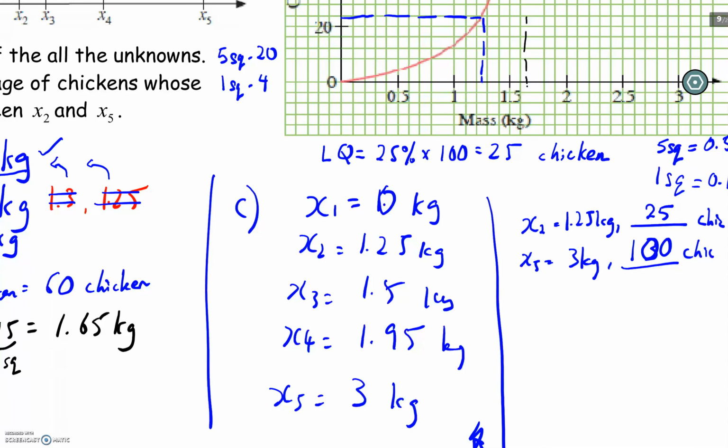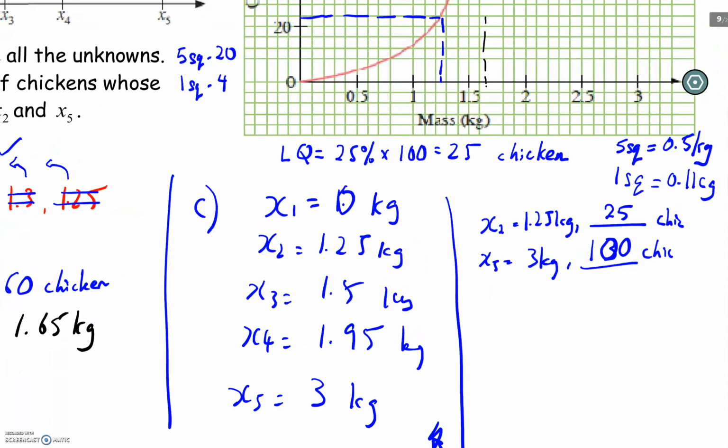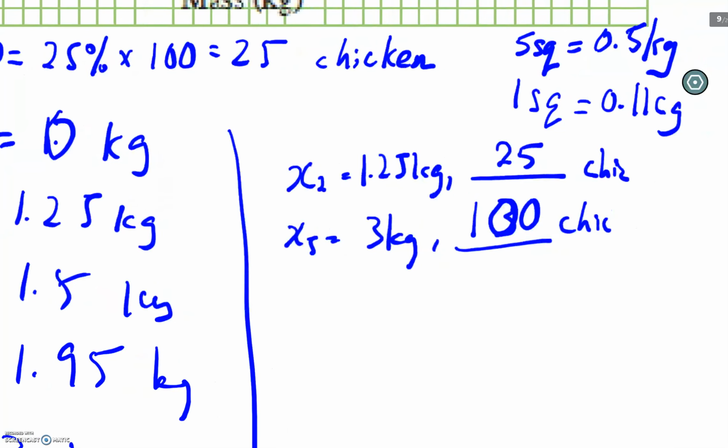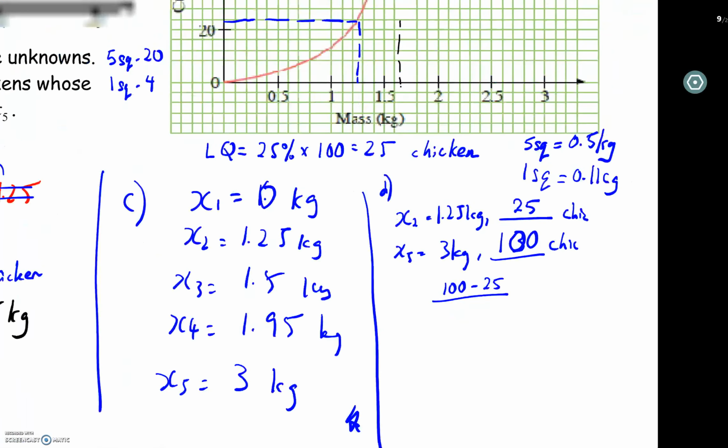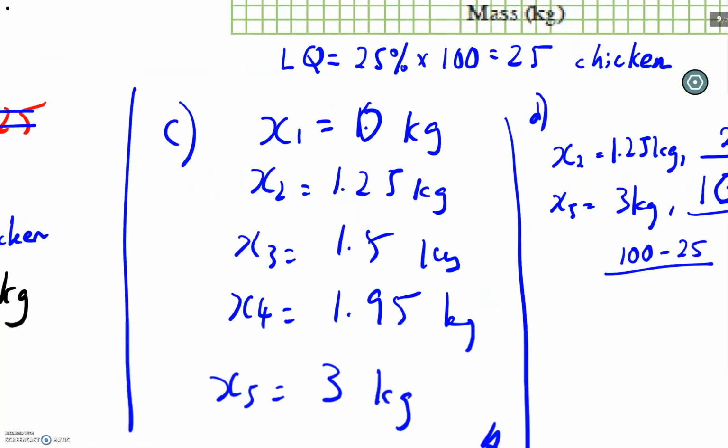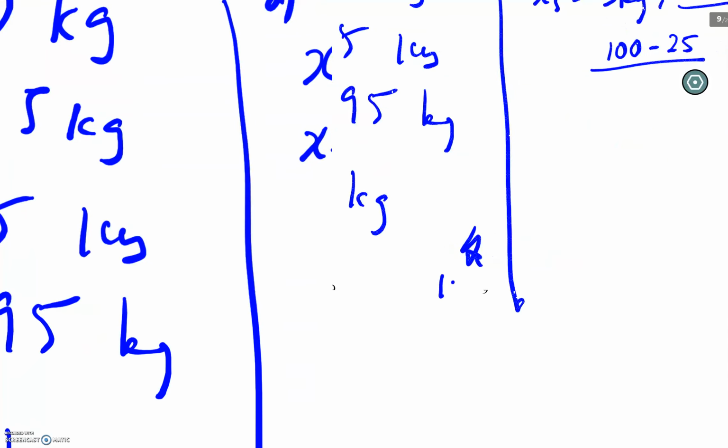So how do I find the percentage? Do I take the mass I minus? Again, this is D, right? Do I take the mass I minus or take the chicken I minus? Chicken, right? Because I want the percentage of chicken. So I take 100 minus 25 over what? Over percentage of chicken.